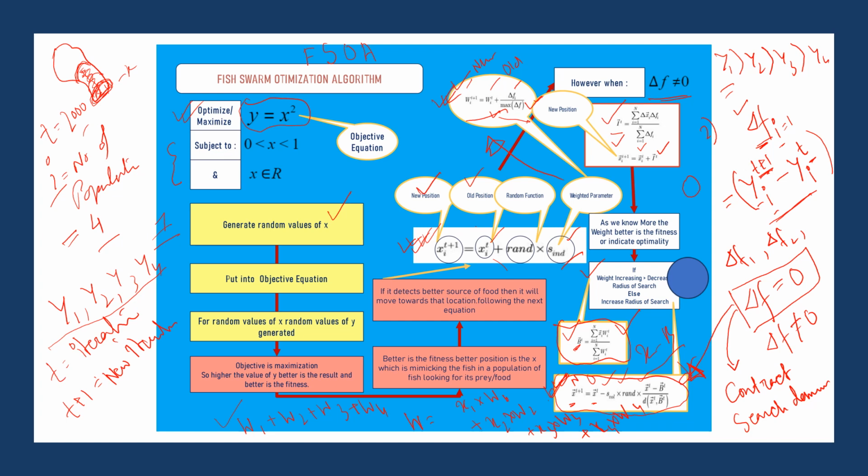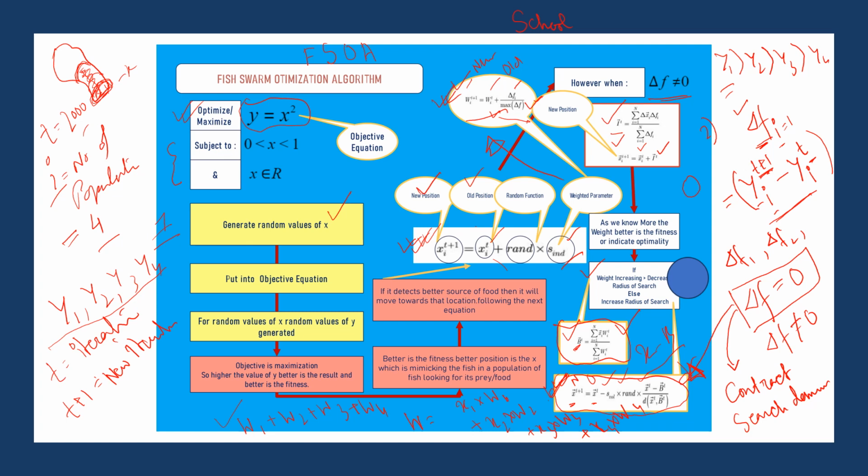Because in reality, when a school of fish, meaning a population of fish, is looking for prey or food, some of the fishes may get the prey or food first compared to the other members of the population. But the other members can detect it by observing the difference in weight of that fish.